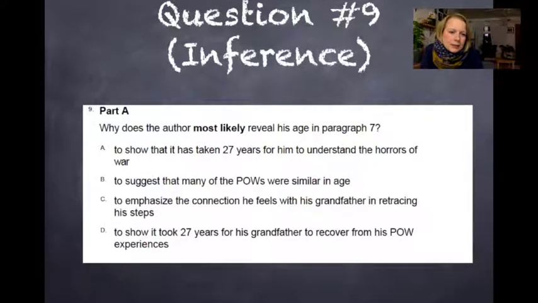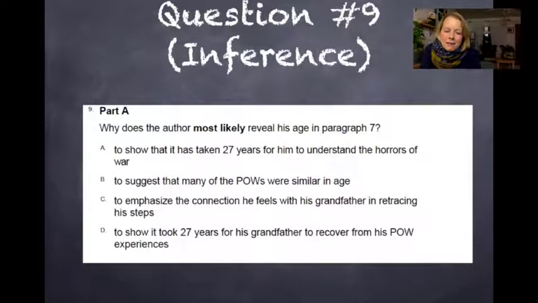To emphasize the connection he feels with his grandfather in retracing his steps. I think that sounds pretty good because when you remember the text, it says that standing there he felt connected to his grandfather because he realized he was now the same age that his grandfather was when he was a prisoner of war.